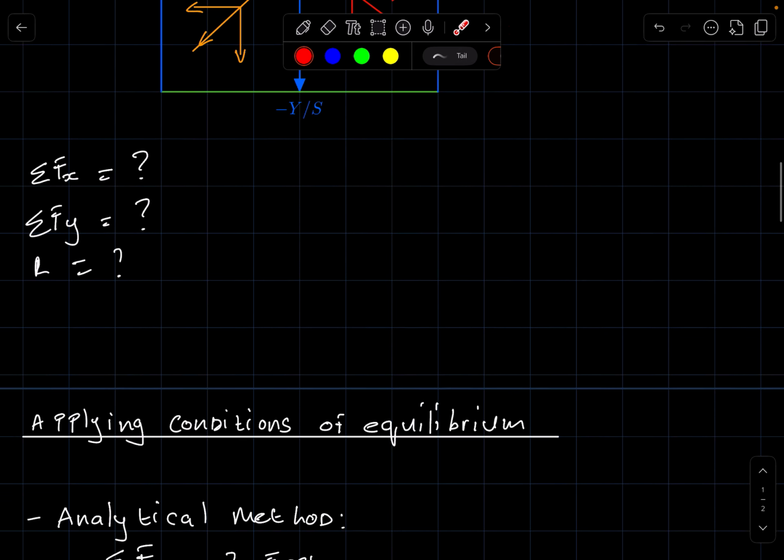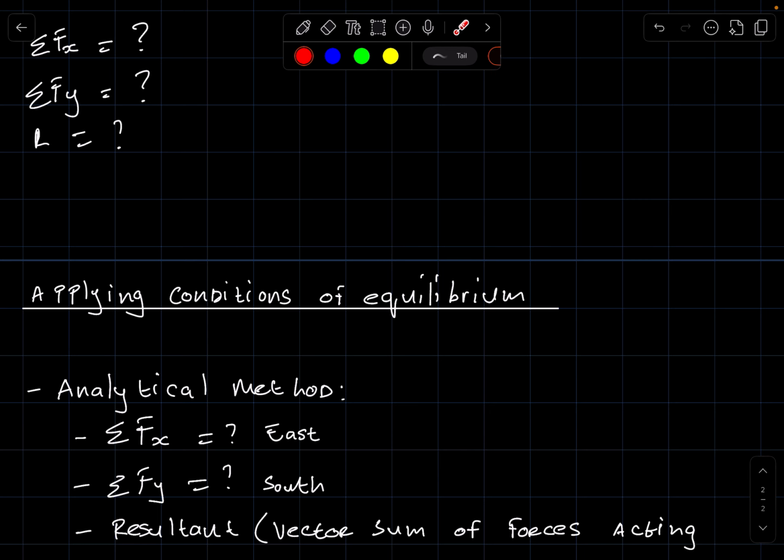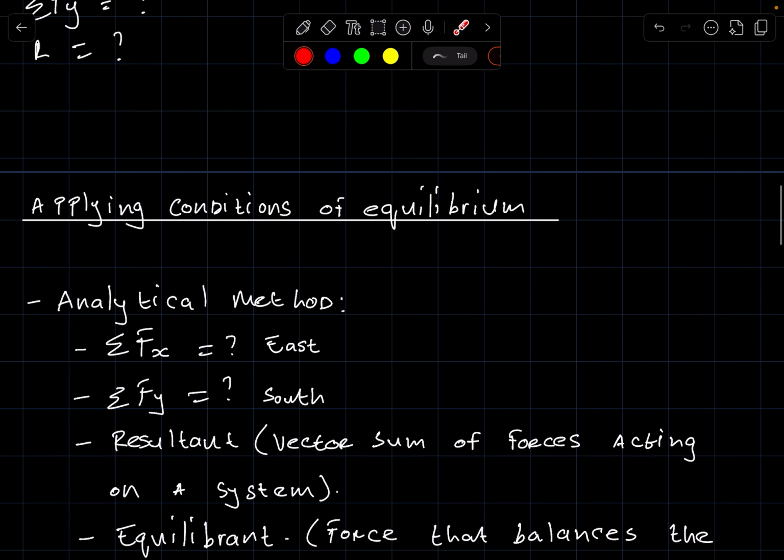One group, for applying conditions of equilibrium, is the analytical method. The analytical method is the mathematical method where you actually calculate what you are looking for. This is the one we'll be using frequently at this level.